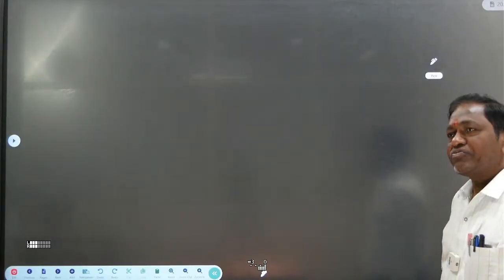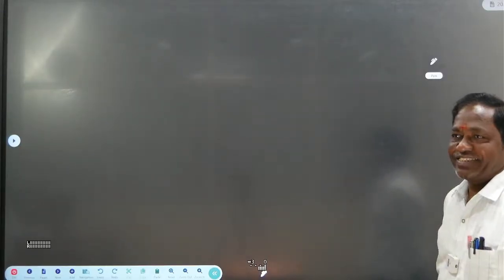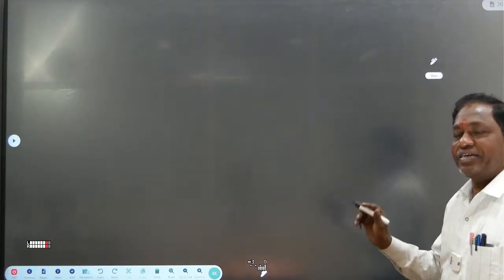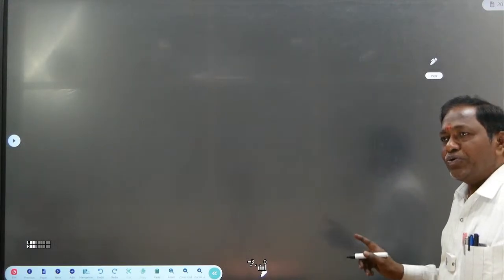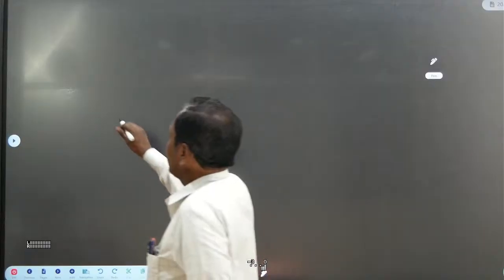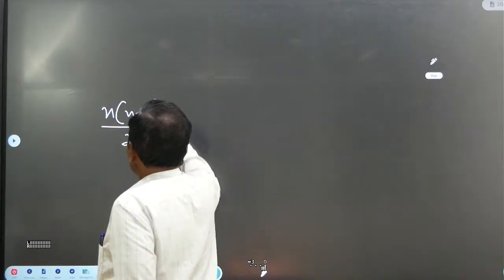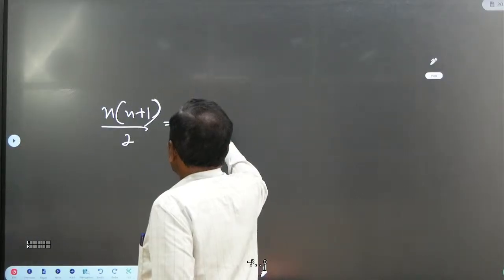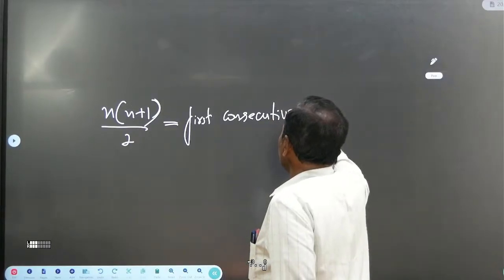So, n into n plus 1 by 2 is applicable only to the first consecutive natural numbers, not for any other thing. It's not highly complicated. Direct rule: n into n plus 1 by 2 is applicable to only the first consecutive natural numbers.